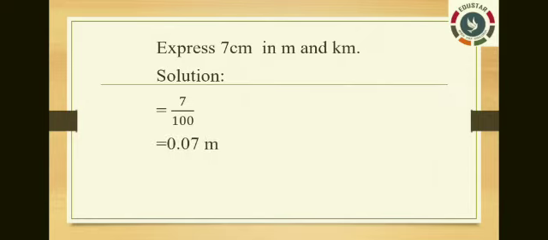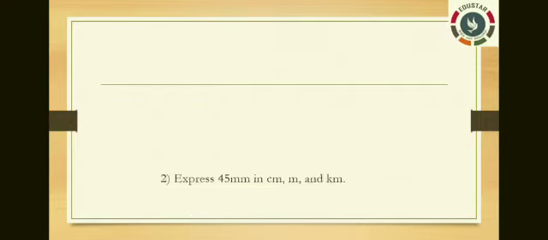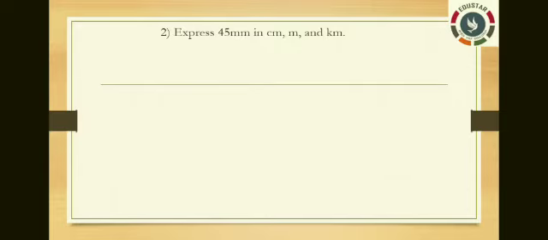Now meter is changed into kilometer, so divide by 1000. 0.07 divided by 1000. The answer is 0.00007 kilometer.